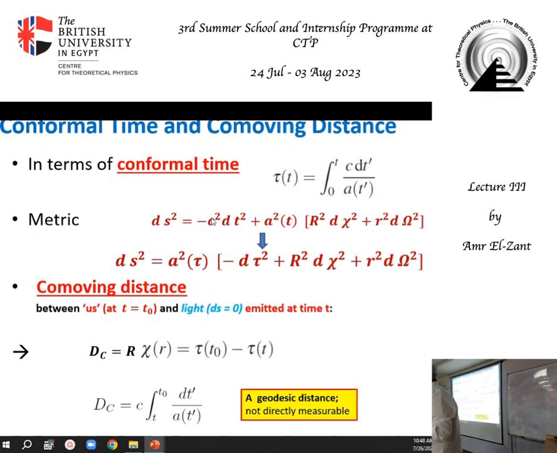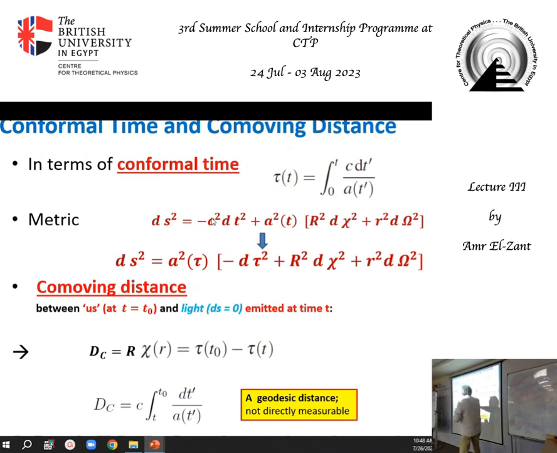But this is basically the same, in very heuristic terms. This is distance in today's measure, and it's a geodesic distance, so it's invariant.